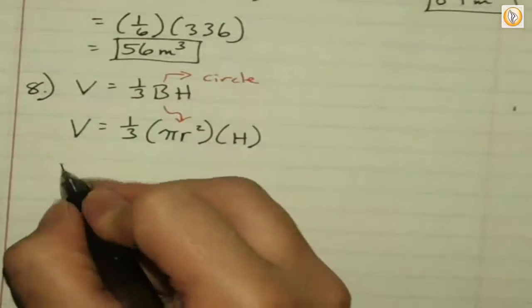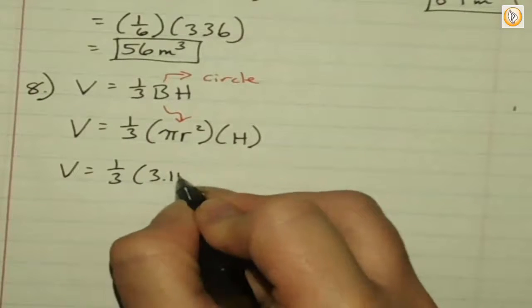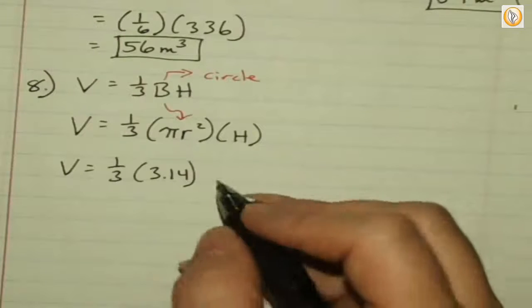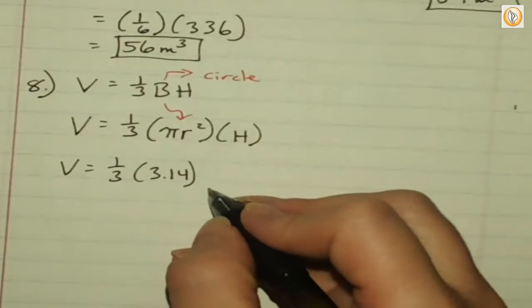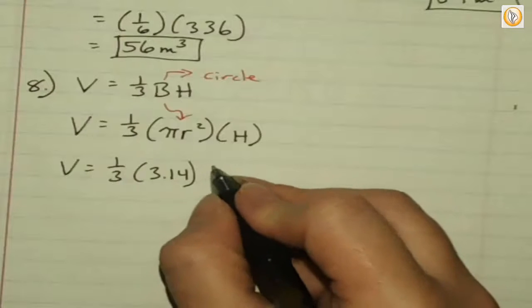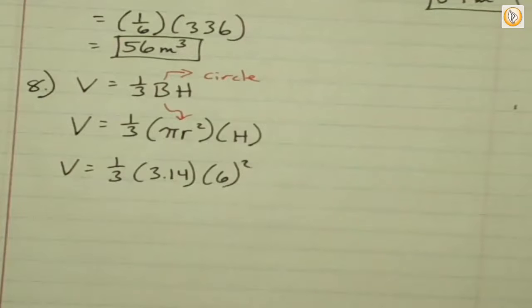All right, let's plug in some information. Times 3.14. Michaela, what's the radius? 6. For number 8? Yeah. All right. Then what's the height?